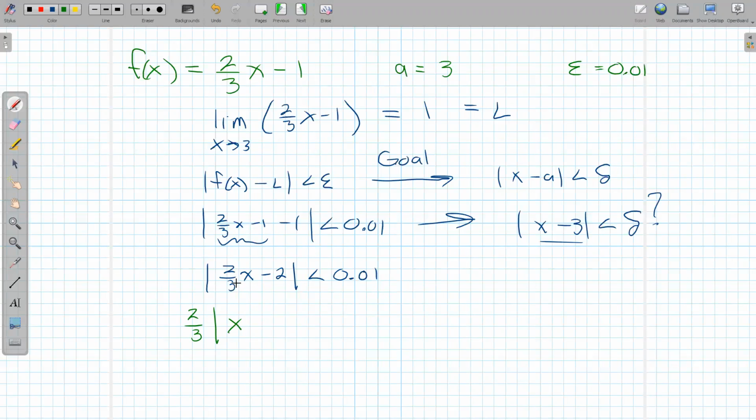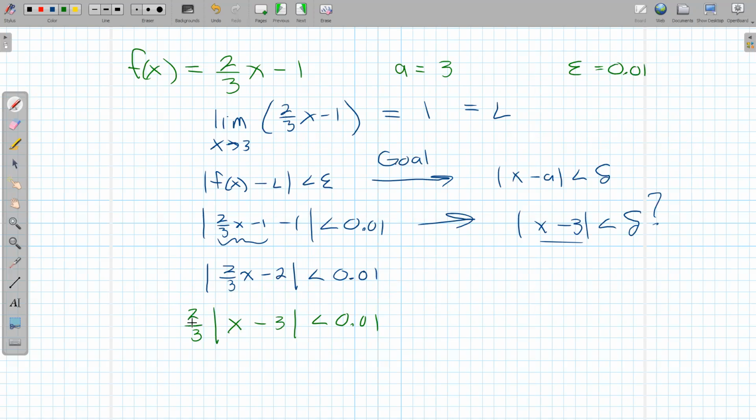So that's like dividing this by 2/3, dividing that by 2/3. Negative 2 divided by 2/3 is negative 2 times 3/2. And so that's going to give me an x minus 3. To check that that's true, if you multiply the 2/3 back through, what is 2/3 times 3? Well, it is 2. So that checks out.